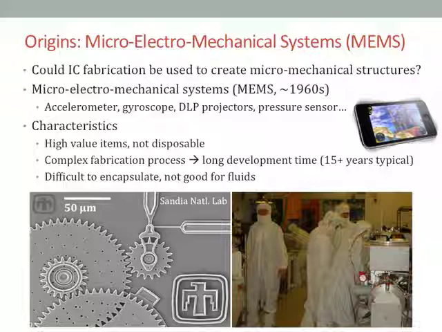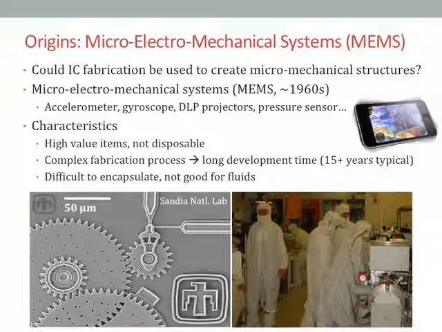This has been talked about for a long time on the research side, but it did not get a lot of traction. There are a few niche products. Originally there were accelerometers for cars for deploying airbags, and digital projectors. A lot of projectors are made using arrays of micromirrors.